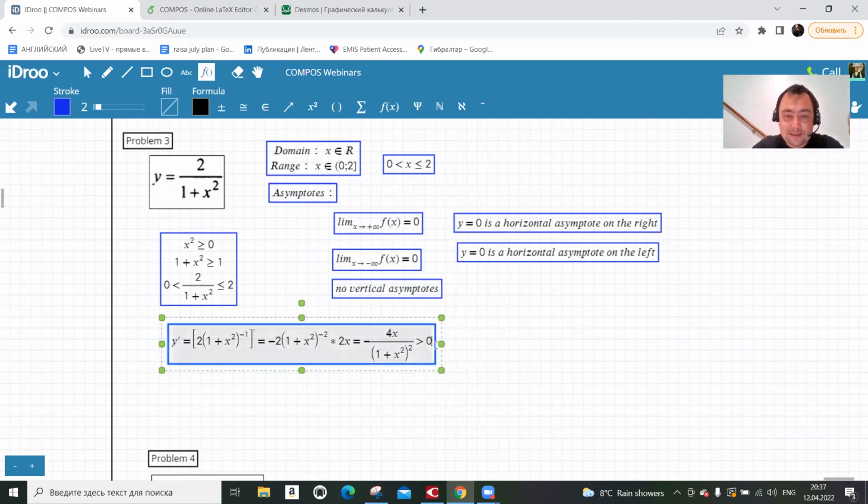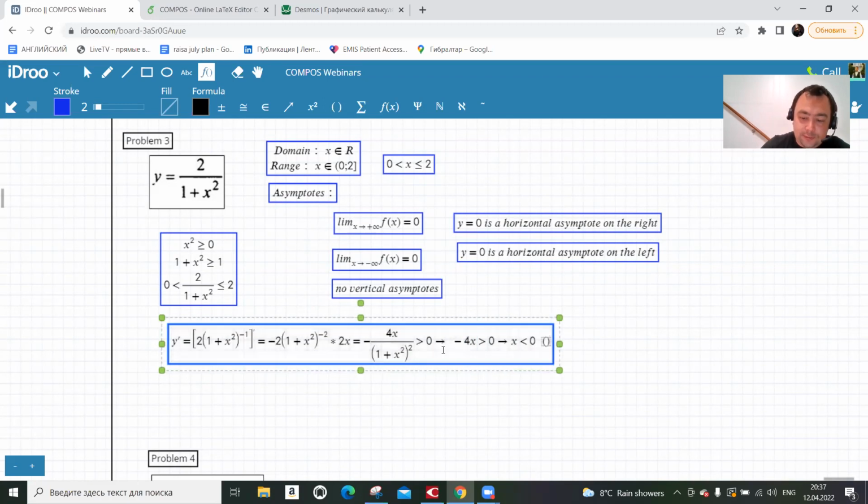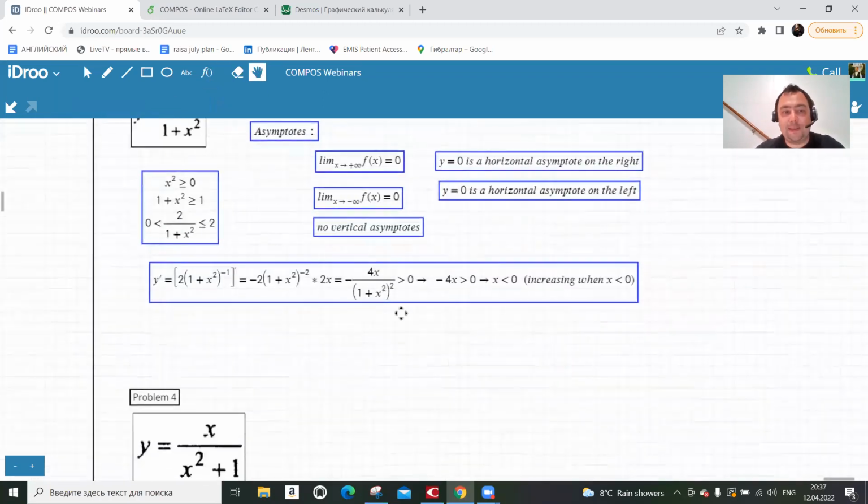And that means minus 4x is greater than 0. So x is less than 0. So increasing when x is less than 0, and decreasing when x is greater than 0. That's an obvious one.